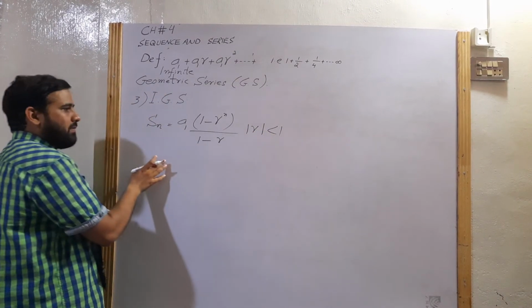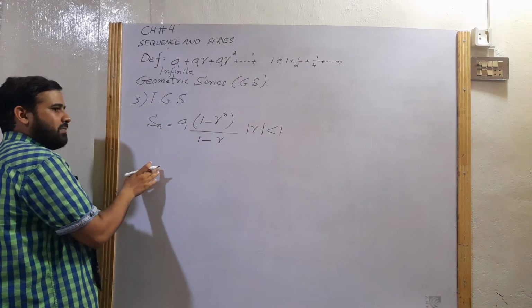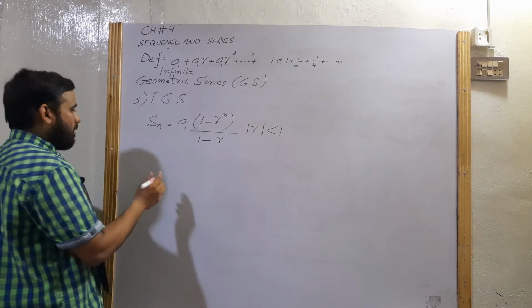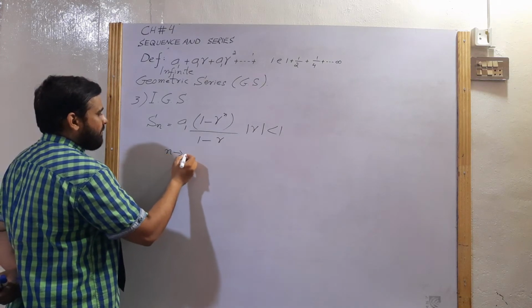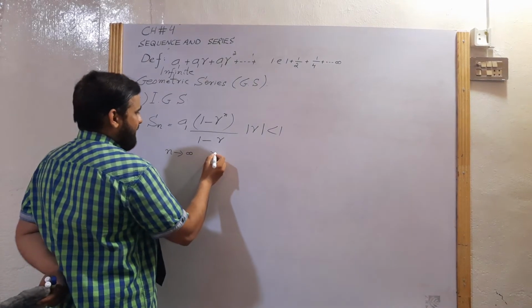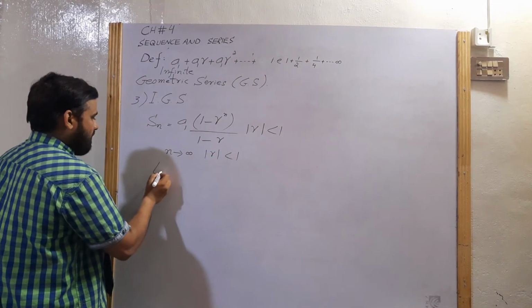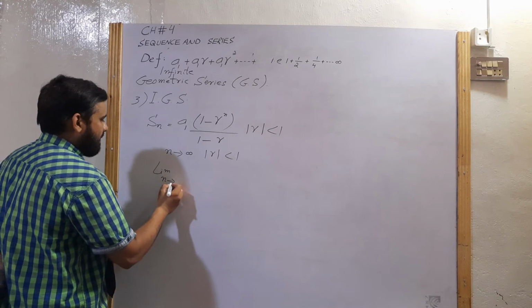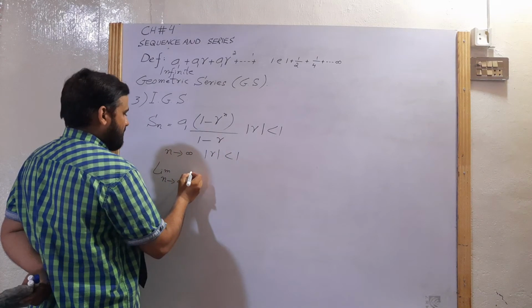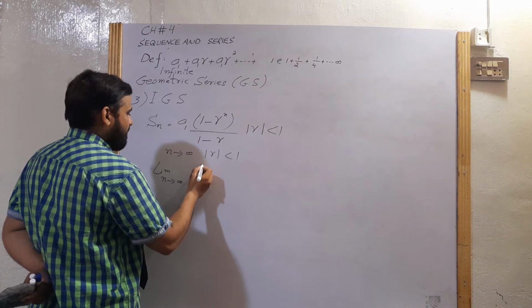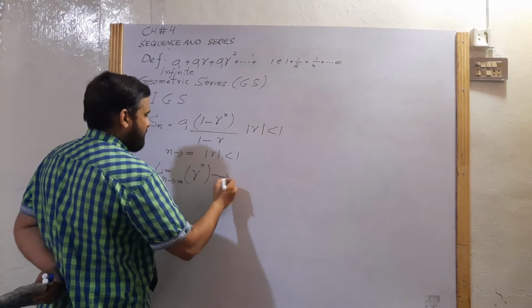We will derive the formula to find the sum in case of infinite geometric series. How? If n approaches infinity and r is less than 1, then in the limit as n approaches infinity, r raised to power n approaches 0.